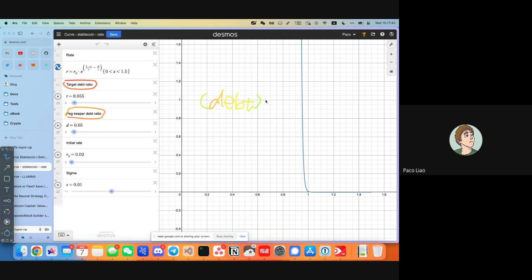So all the peg keepers' debt, because peg keepers can mint Curve USD from thin air. They don't need collateral. The debt from peg keepers divided by total debt, so the protocol's total debt.